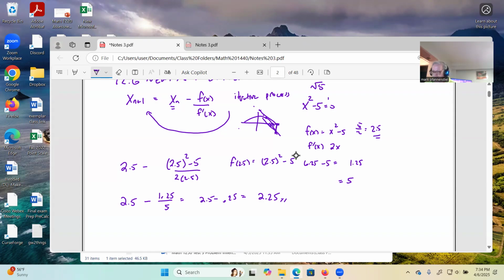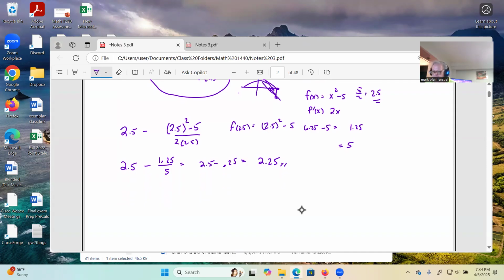Okay. Now we're not done yet. We have to take this back and put it back into the original equation. So we're going to say this is 2.25 minus, and now we put this back into the original equation: 2.25 squared minus 5 divided by 2 times 2.25. We're just pushing it back in to see what happens.